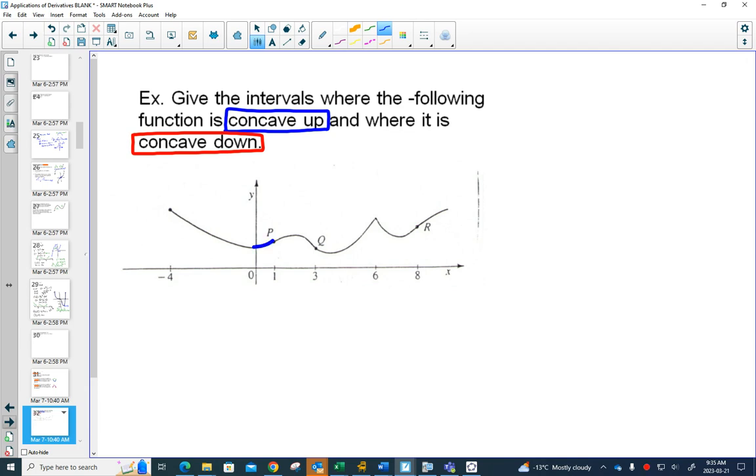So here, the graph is concave up. Here it's concave up. Here it's concave up. And in these sections, it's concave down.